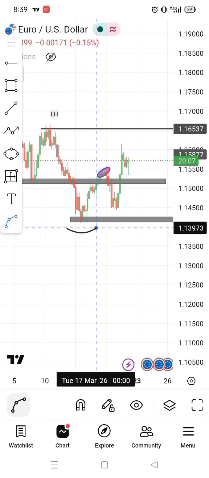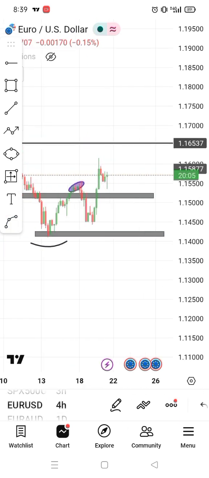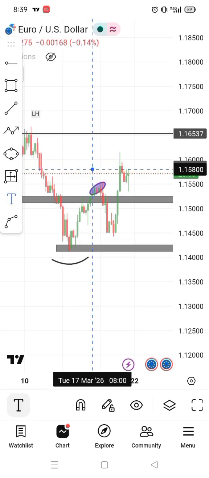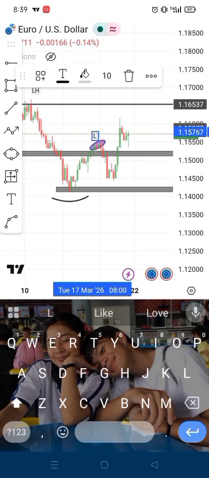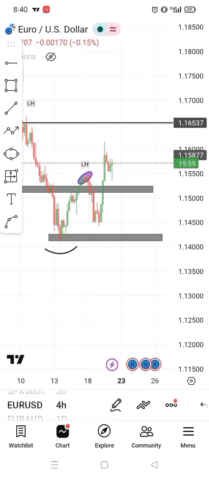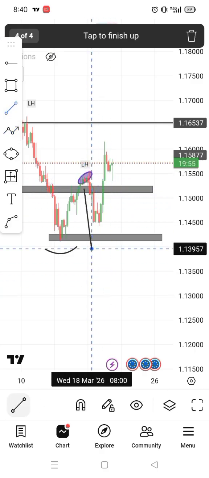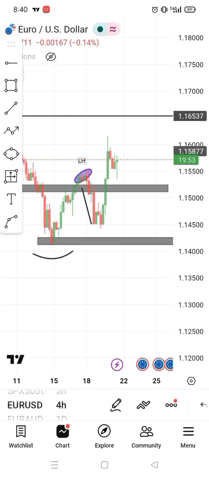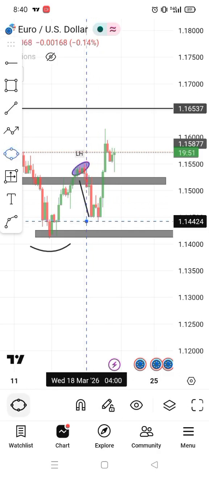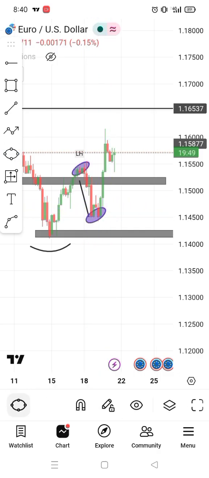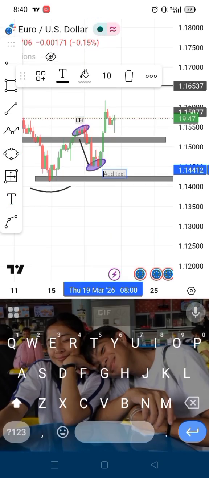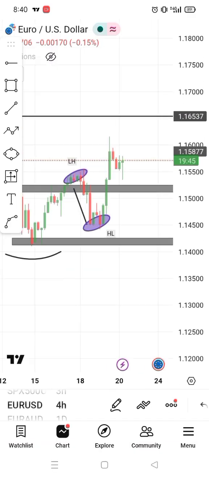This swing, created this swing, and then ended up making another lower high. But again, it failed to make another lower low, and then it created a higher low, which is an indication for bullish potential.